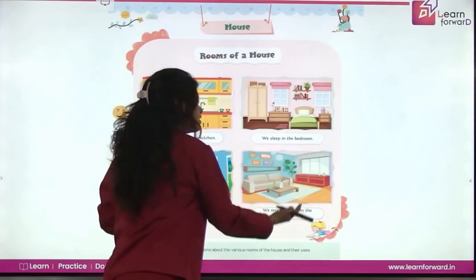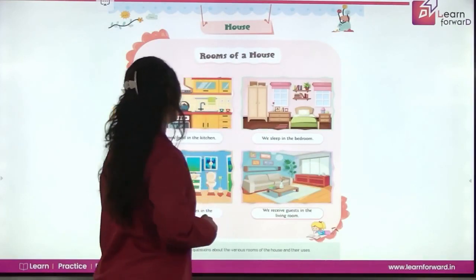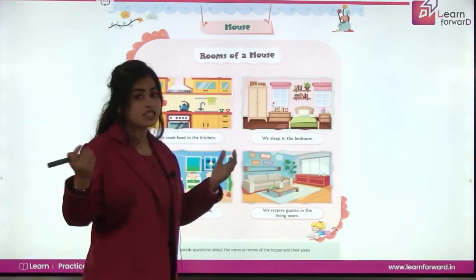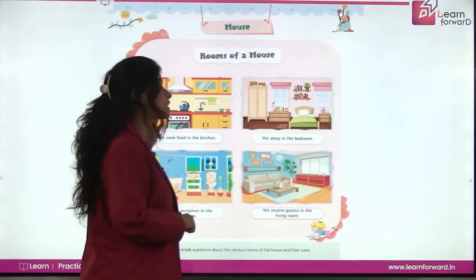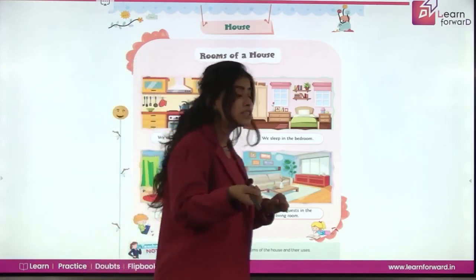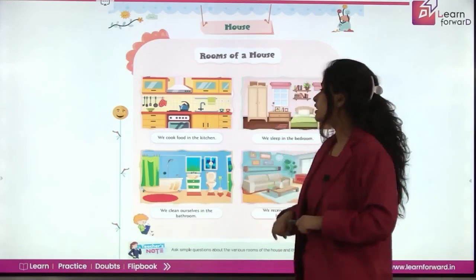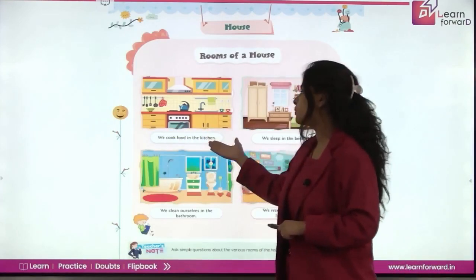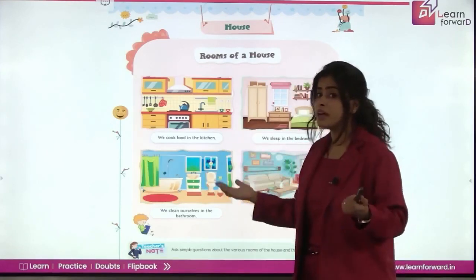There are different types of rooms in a house. First one is kitchen. What is the kitchen? Where your mama cooks healthy food for you. That is called kitchen. We prepare our meals.